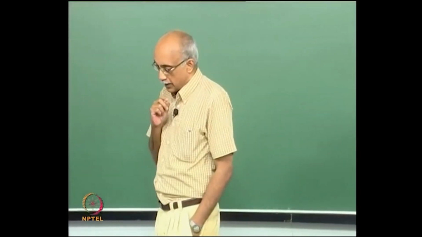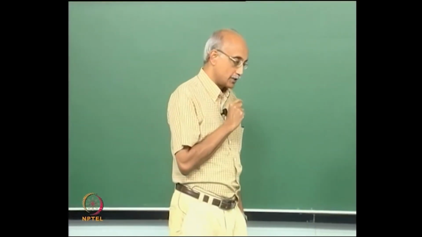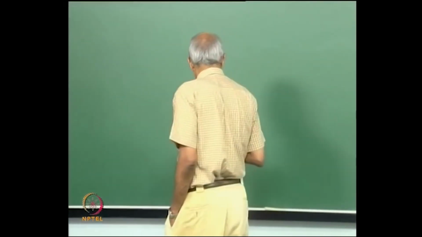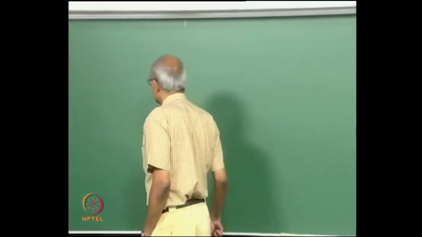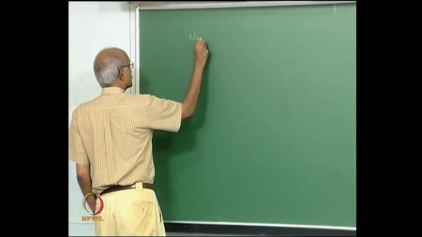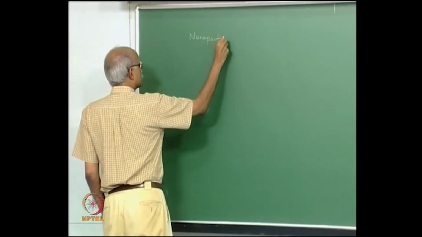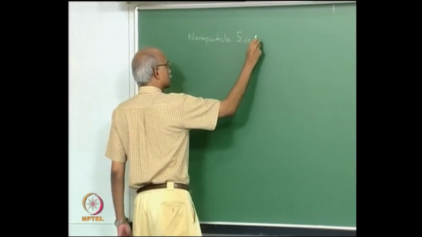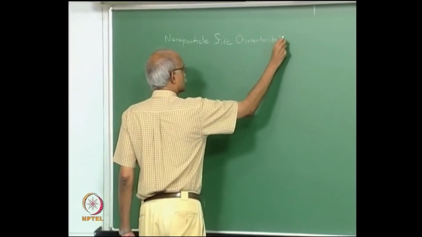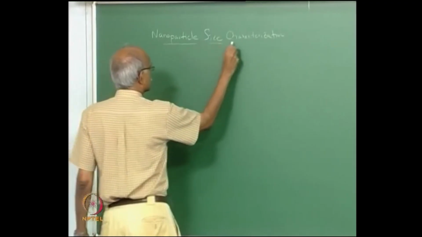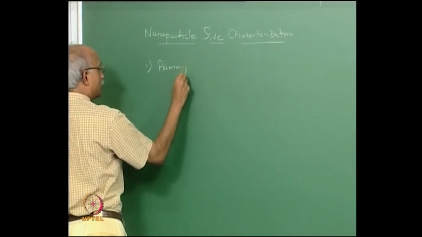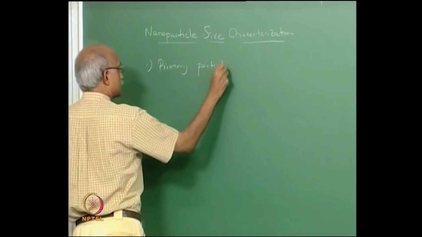Now, when we look at nanoparticles that are suspended in fluids, there are really three characteristic sizes that we can talk about. The first is what we call a primary particle size.